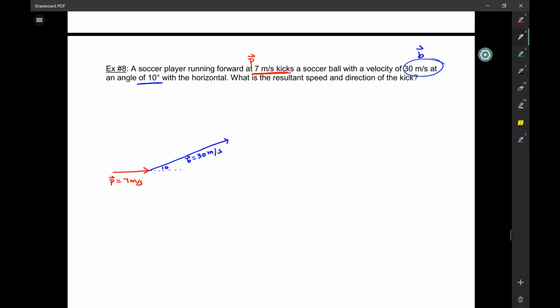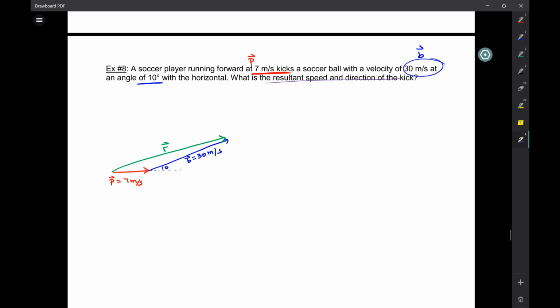Now I'm going to draw my resultant. Okay. Now, I need the resultant speed and direction of the ball, or of the kick.